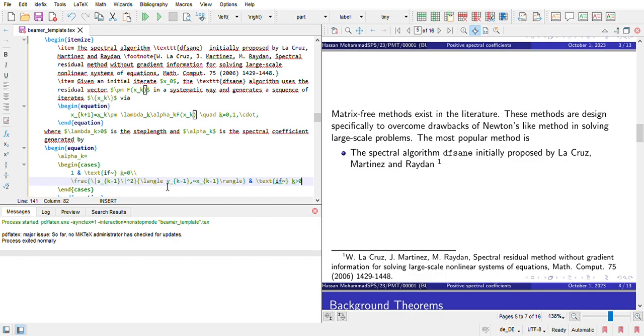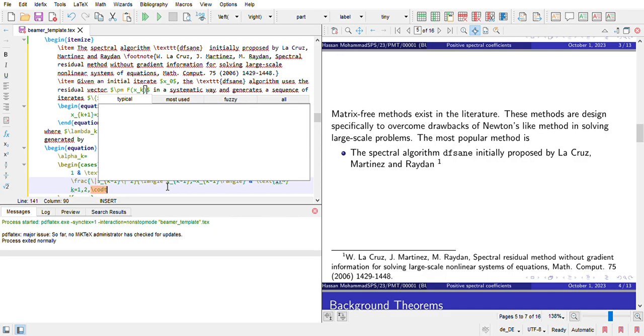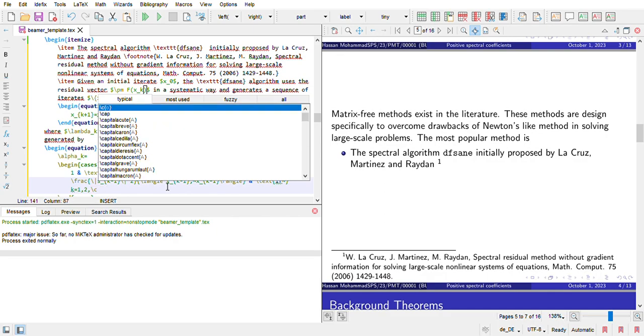Or if you like, you can put k equals to 1, 2, 3, and then you put c dots like this, because we don't have k that is a fraction. All the k's we have are integers, or let's say natural numbers, so it's better to put these c dots.